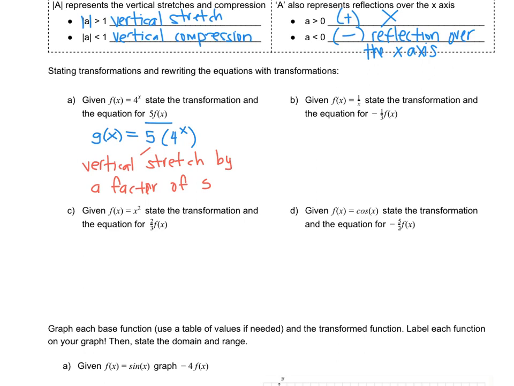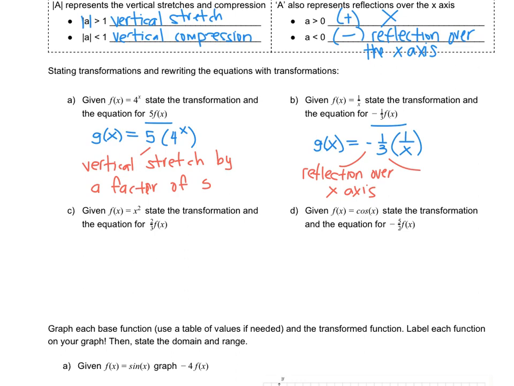For the next one, we have our rational base function, so 1 over x, and we are applying -1/3 f of x. So I'm going to start with my transformed function, and once again, that a value is just going to get written right in front, and then I'm going to open a bracket and write the base function. Now, because we have a negative and a value other than 1, we do have 2 transformations here. So the negative tells us that we have a reflection over the x-axis.